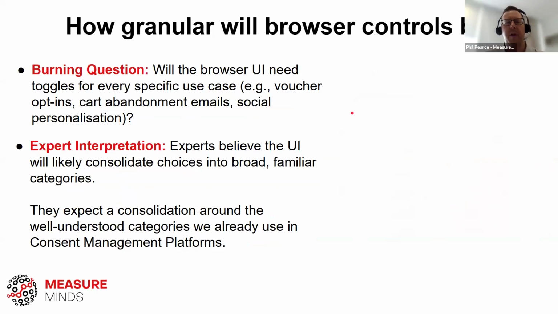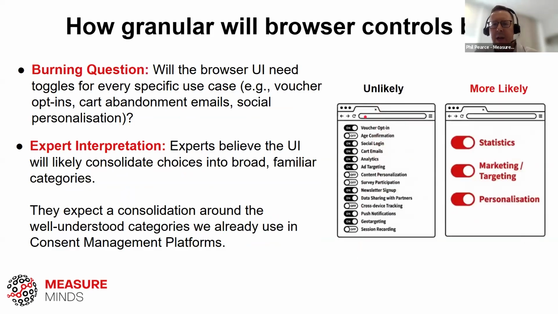Also, whether it's going to cause affiliates to change their business model, and voucher code sites, etc. It's unlikely we're going to have a bunch of individual purposes like this. I think that's too much control. That defies the point of simplifying. But it may be there are some additional settings in the browser which are more granular.